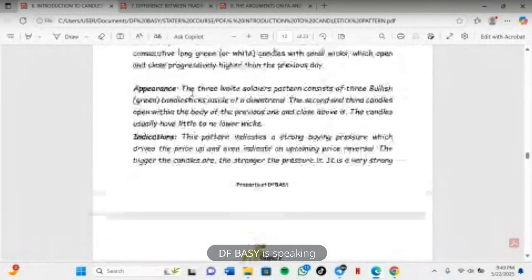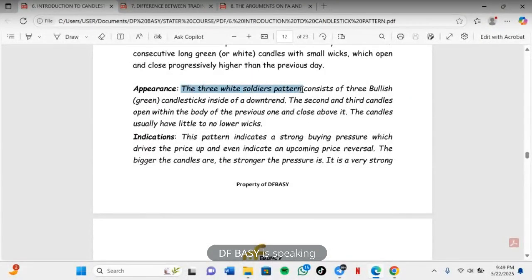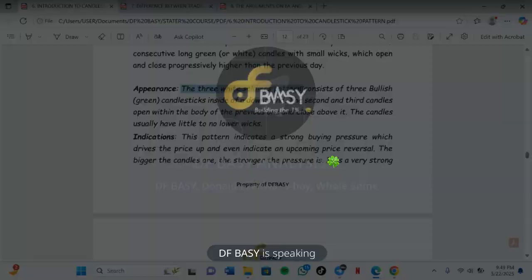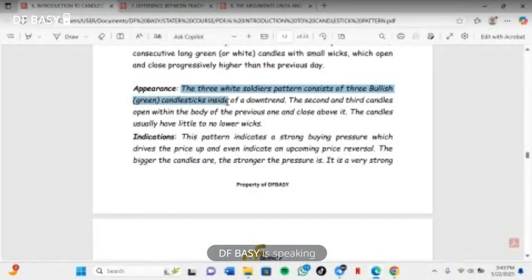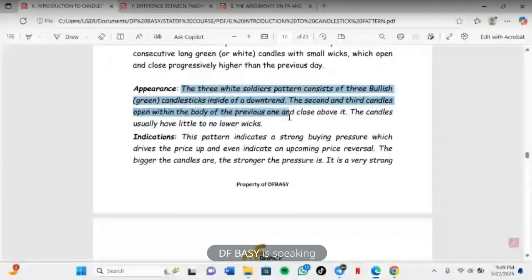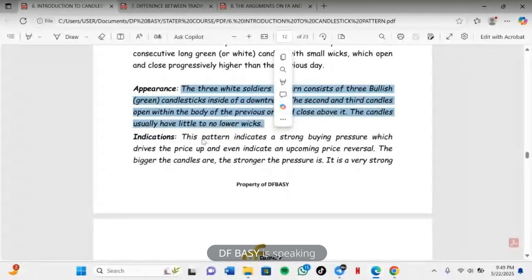So now the appearance. The three white soldiers pattern consists of three bullish green candles inside of a downtrend. The second and the third candles open within the body of the previous one and close above it. The candles usually have little to no lower wicks, right?